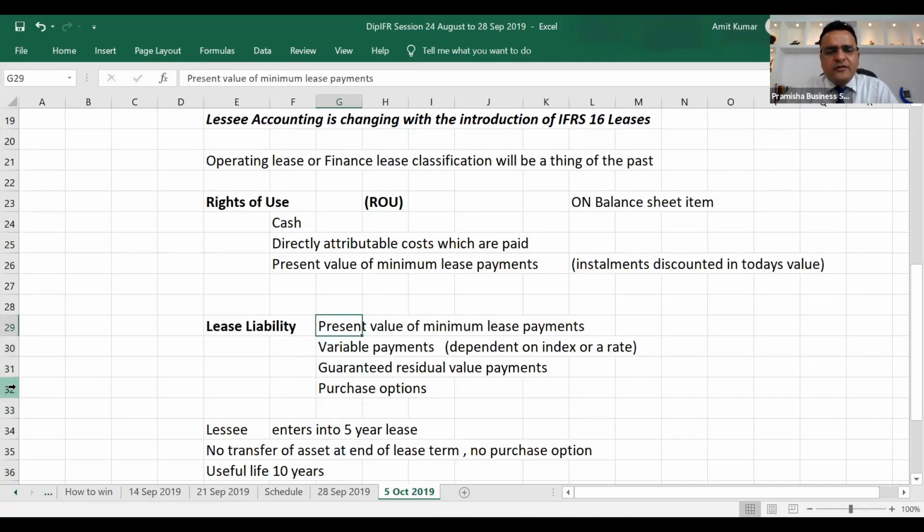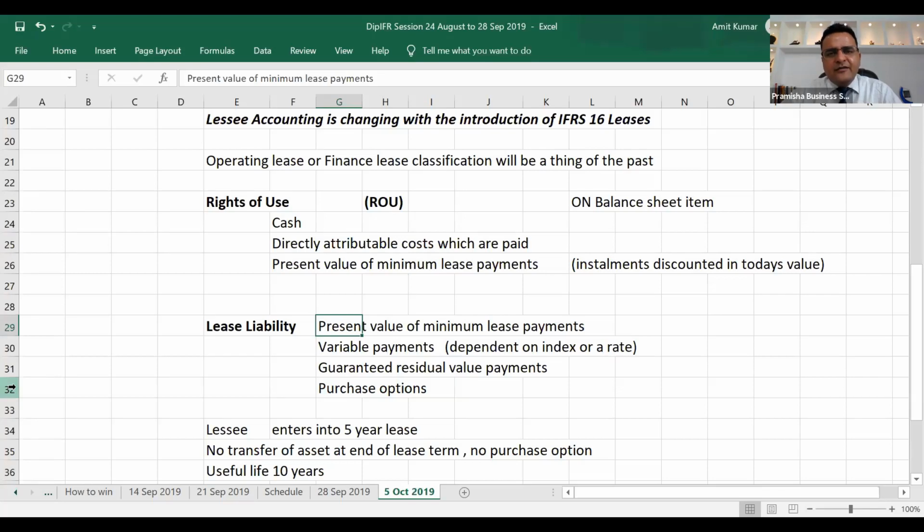Guaranteed residual value payments work like this: if we use your asset, we believe that we'll maintain it in such a manner that you will at least be able to get this amount in terms of residual value. The lessor asks, what if I don't get this amount?